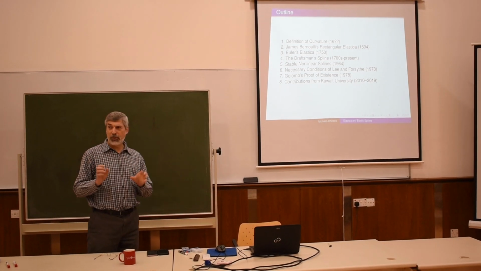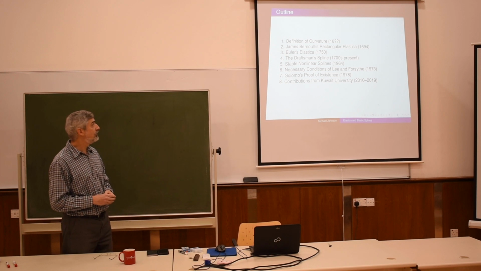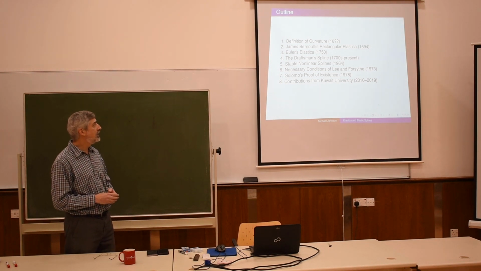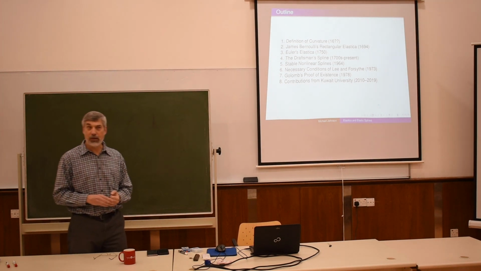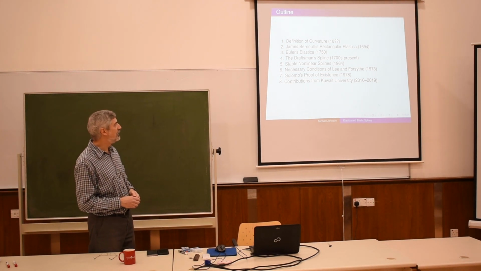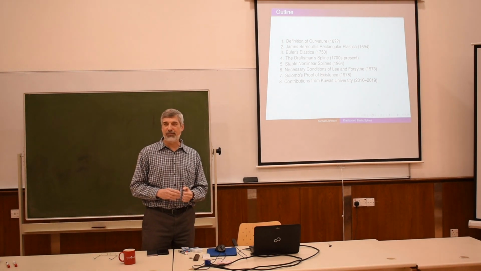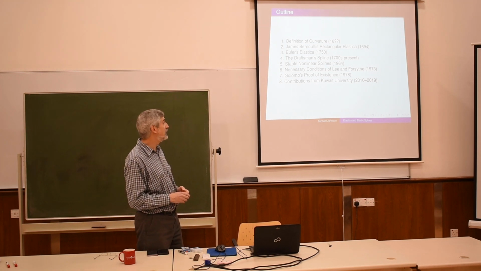That's a very special case of elastica. Then general elastica was Euler's in 1750. Then the draftsman spline, that's an actual thing, not mathematics. And then stable nonlinear splines, this is General Motors in 1964.